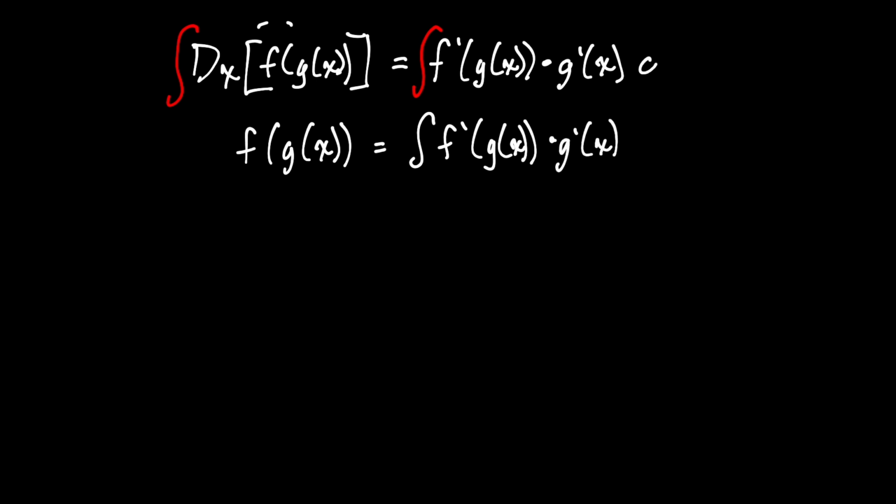And of course, I forgot my dx here, didn't I? Probably need one of those up here as well. So when I take the antiderivative of a composite function that's multiplied by the derivative of what's inside the composite function, I go right back to the function I was looking for.